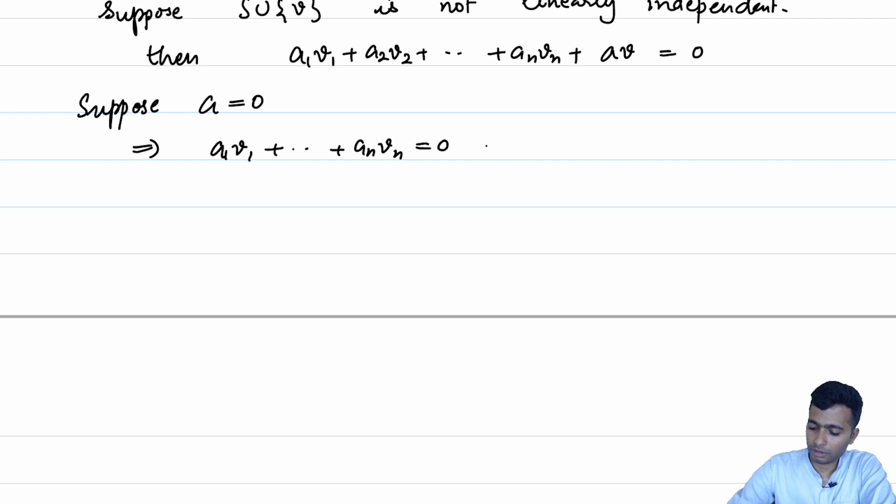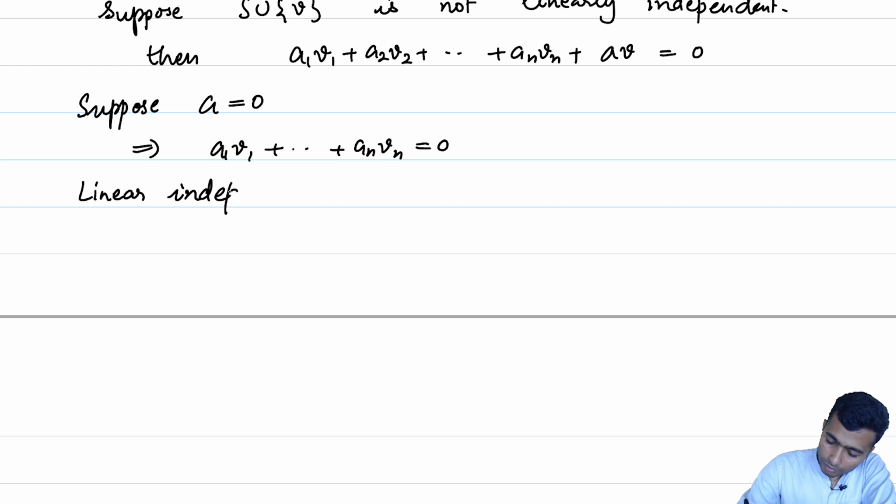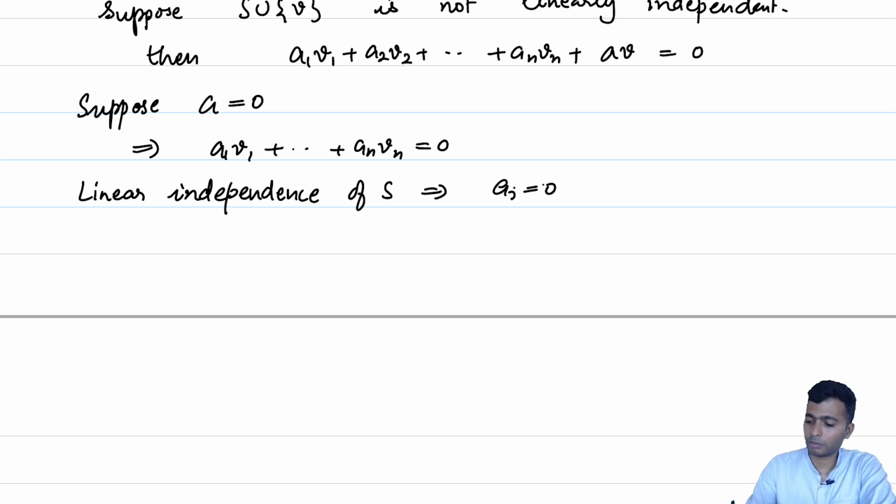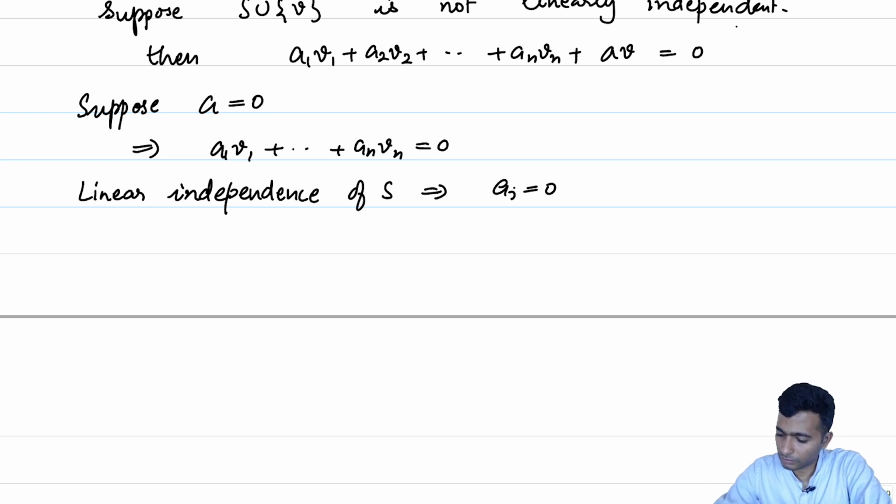But then v1, v2 up to vn are vectors in capital S which is linearly independent. Linear independence of S implies that ai is equal to 0. But that is a contradiction to our assumption that S union V is not linearly independent.